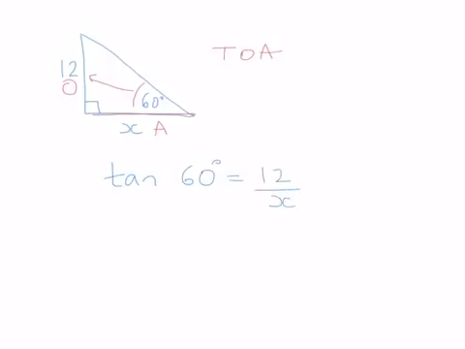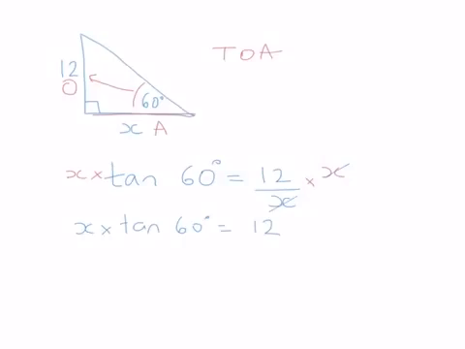Now this one's a little bit tricky because the thing you don't know is on the bottom. So to get rid of the x on the bottom, we times both sides by x. So then we have x times tan 60 equals, those x's cancel, 12. But we still haven't got x by itself.